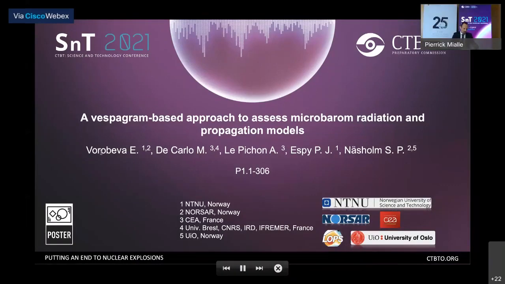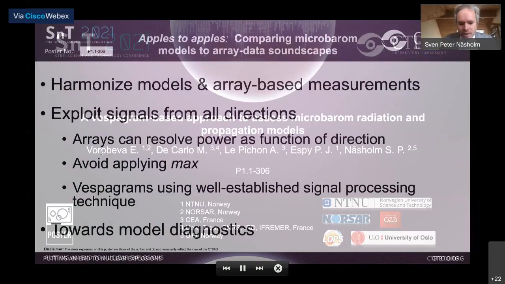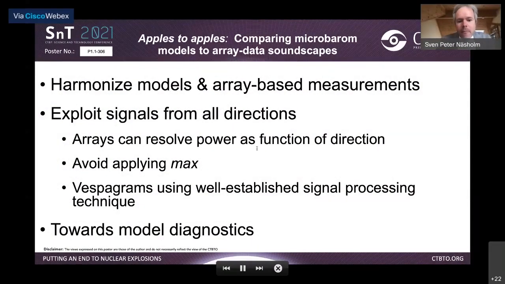Well, this is essentially work by our PhD student, Kate. You might be interested sometimes in assessing the microbarom soundscape at your station. When you do that, it could be necessary to compare apples to apples and to exploit the fact that the array can resolve power in all directions.